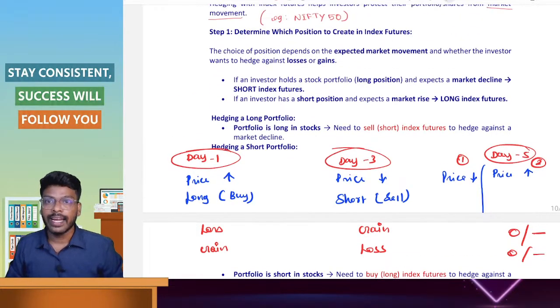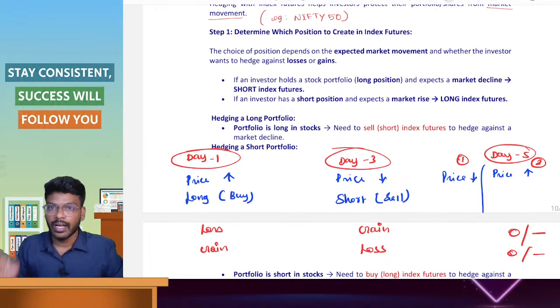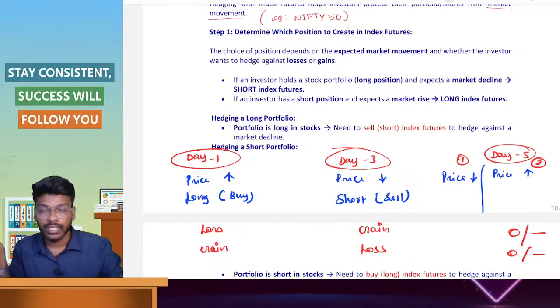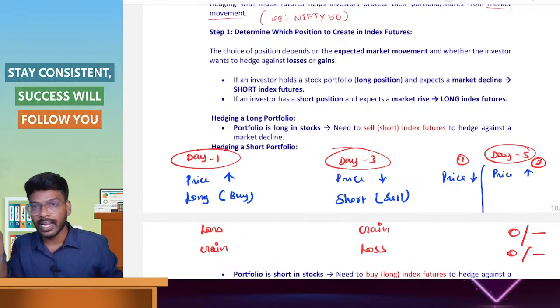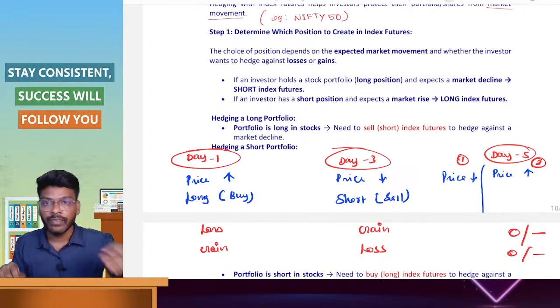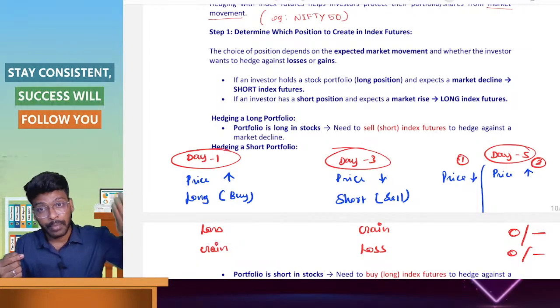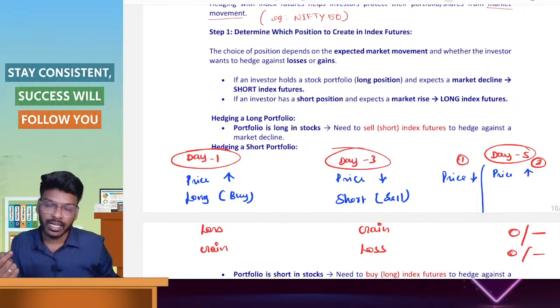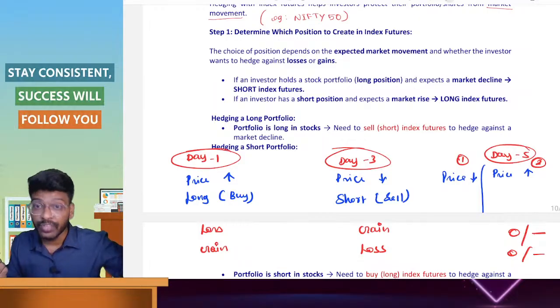Okay, there can be two options to hedge. I have a share portfolio. If the same share's futures is available for the same company, if I am holding the shares of Reliance company, and Reliance share future is separately available, I can hedge the shares in the share futures.